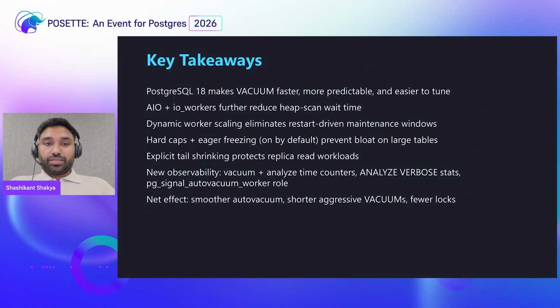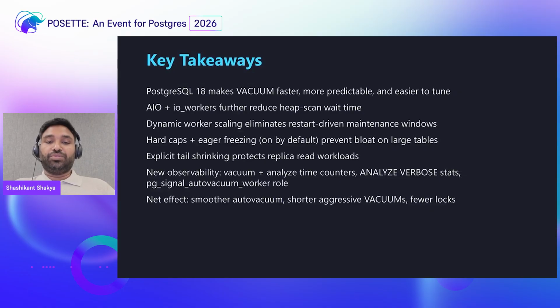The key takeaways. Let me bring it all together here. We discussed a lot of good improvements in PG18. PG18 makes vacuum faster, predictable, and easier to tune. The AIO IO subsystem helps vacuuming scale further. And dynamic scaling of the max workers allows you to take vacuuming control in much more granular ways.